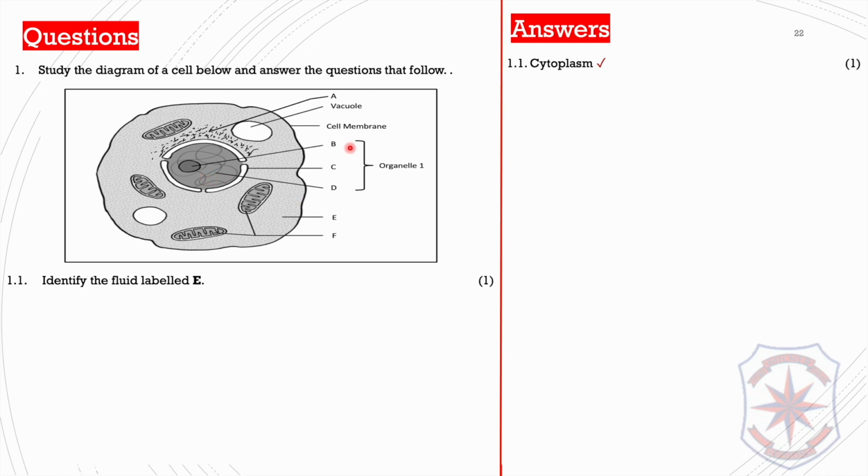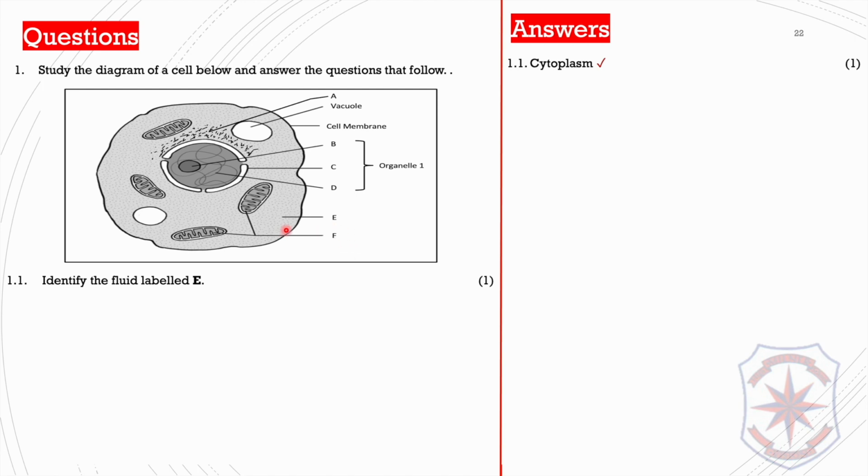Okay, now, if B is the nucleolus, C is the nuclear membrane, and D is DNA, B, C, and D make up organelle 1. So I submit that organelle 1 is the nucleus. Then we go to E.